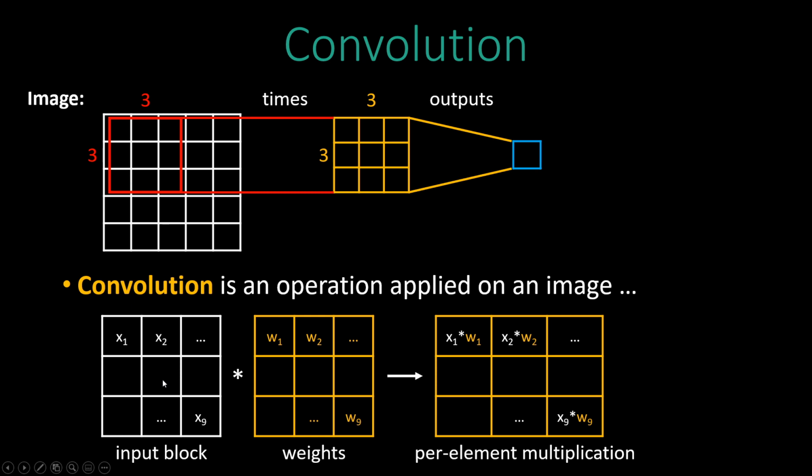In every block we just multiply these two values, so we would have x1 by w1, x2 by w2, etc., all the way to x9 by w9. Then we want to compress this into just one output, so we sum these numbers over this area.